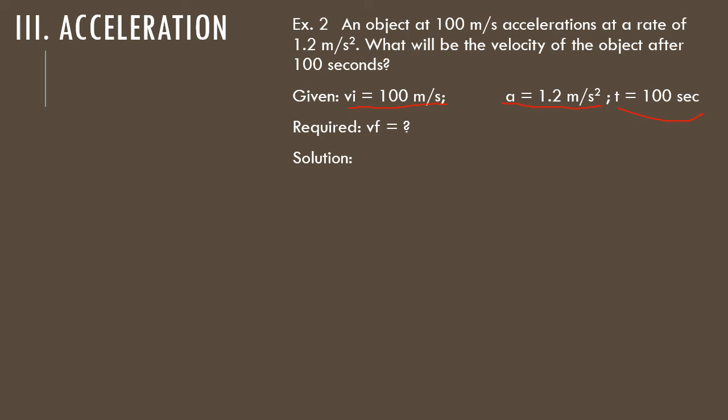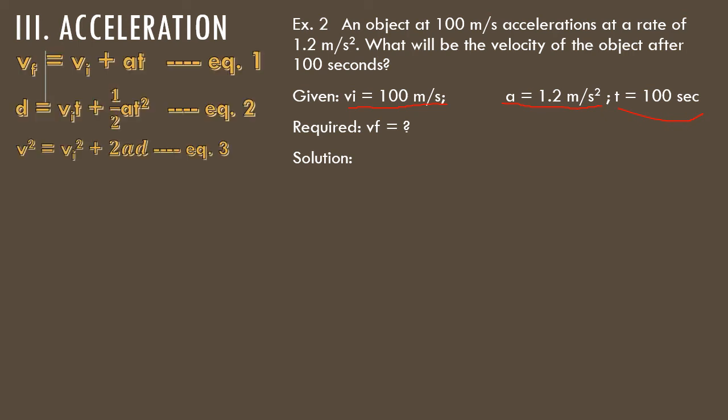Our solution is, so kung titignan natin yung given, so meron tayong given na 100 meter per second, which is the initial velocity. So sa equation 1, meron initial velocity. Equation 2, meron din. Equation 3, meron din. So, pwede silang gamitin. So, how about our next given?